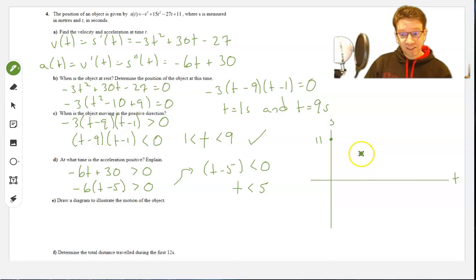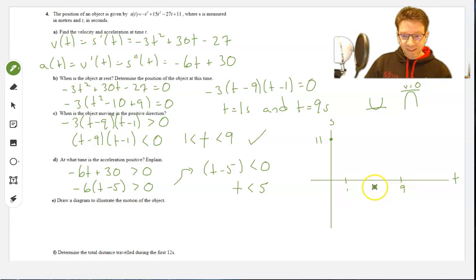That tells us the slope of the tangent on our position graph is horizontal. So it could be something like this, or it could be something like this. It could open up or open down, but in both those cases, we have a horizontal tangent where velocity is 0. So that's going to happen both at 1 and at 9.